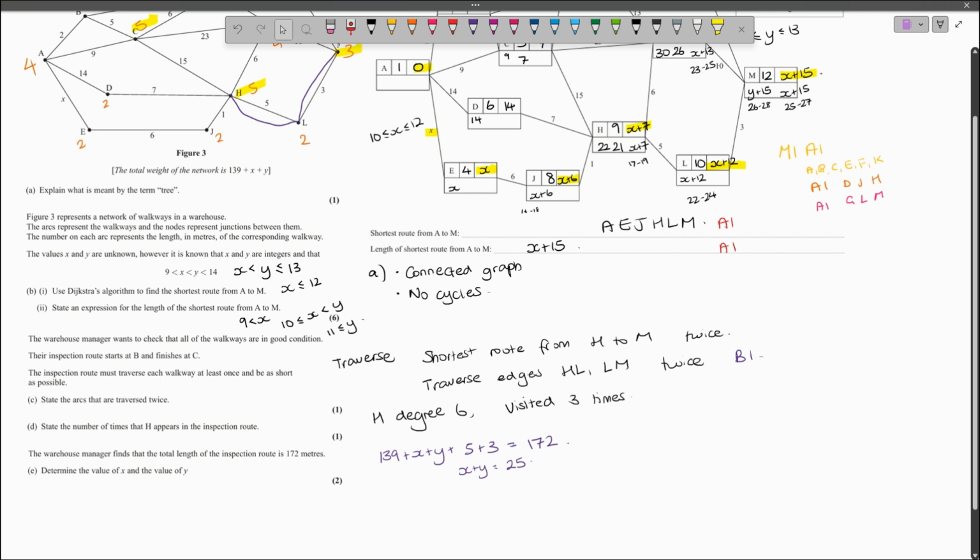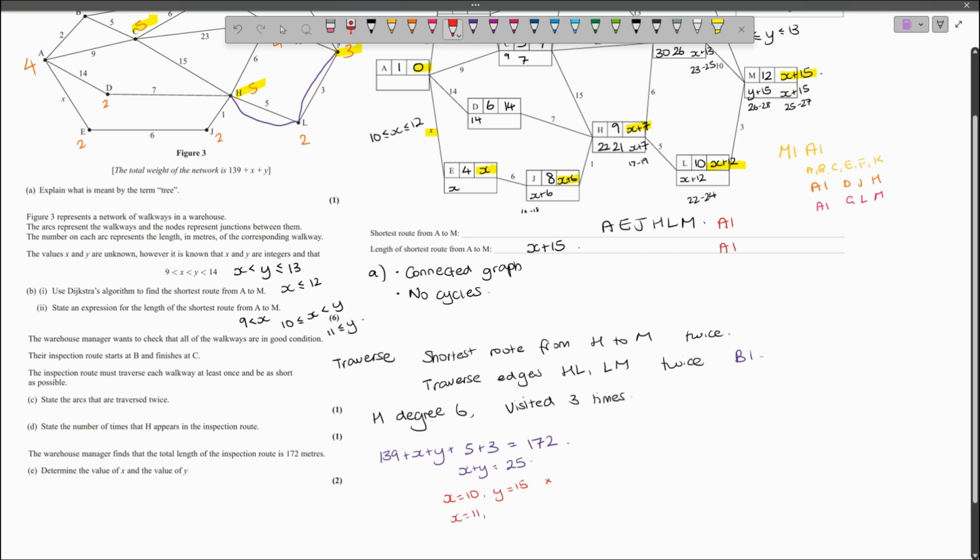And there are some solutions to x plus y equals 25. You could have x equals 1 and y equals 24. Unfortunately, 1 is too small for x and 24 is too large for y. So let's consider x equals 10. If x equals 10, then y equals 15, which is not correct.